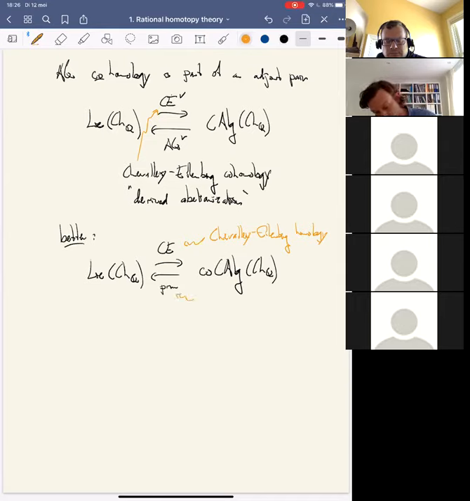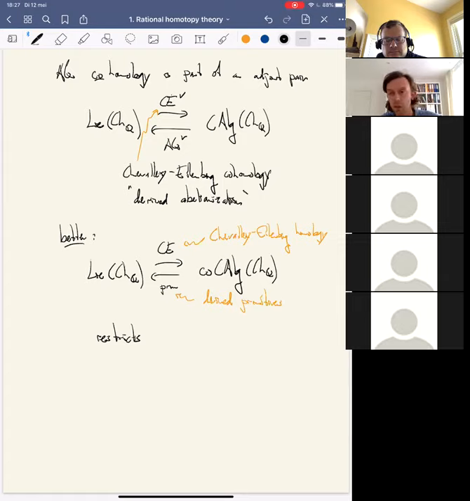So this is the derived functors of primitives of coalgebras. You would compute these by taking a cosimplicial resolution of your coalgebra by cofree ones, taking primitives degreewise, and then totalizing.